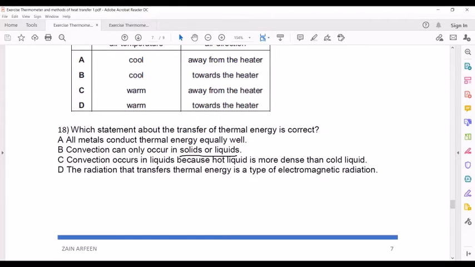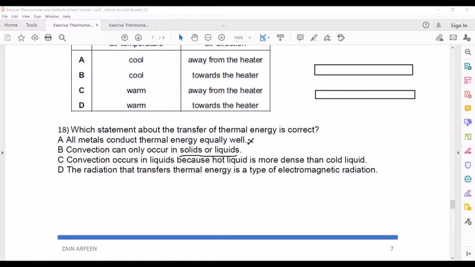And all metals conduct thermal energy equally well. It's not like that. All of them can conduct, but the rate at which they conduct is not the same. For example, if you have a rod made of iron and a rod made of copper, and you place wax above the copper and iron, when you supply heat energy, the wax will melt at different times.